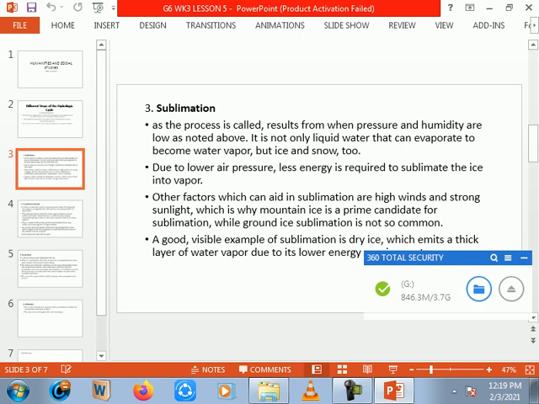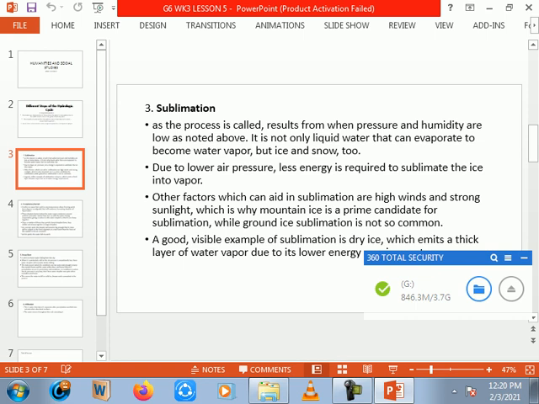Due to lower air pressure, less energy is required to sublimate the ice into vapor. Other factors which can aid in sublimation are high winds and strong sunlight, which is why mountain ice is a prime candidate for sublimation, while ground ice sublimation is not so common.